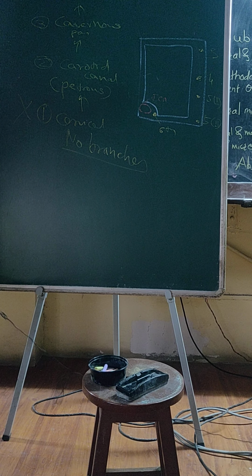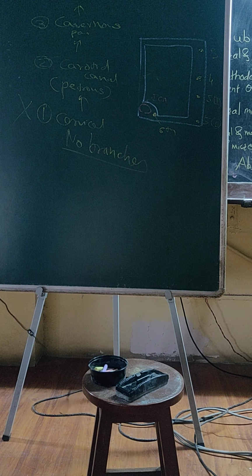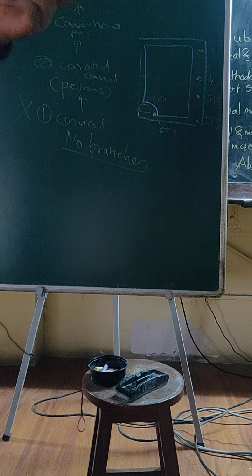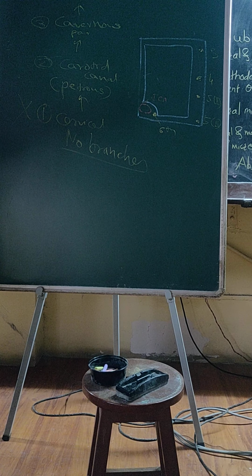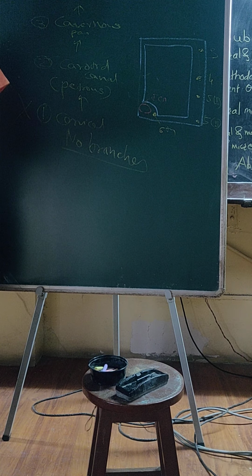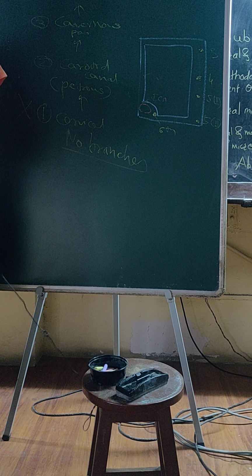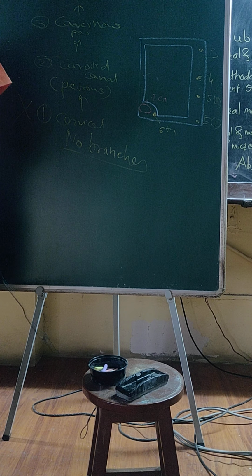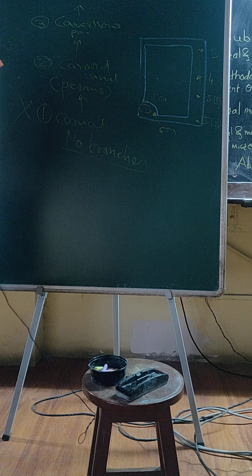In the petrous part, it gives two branches. Sorry, I am throwing knowledge upon you. These are called the caroticotympanic branches.